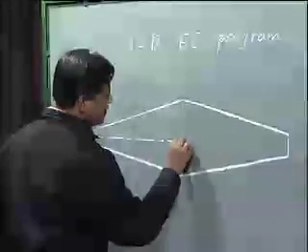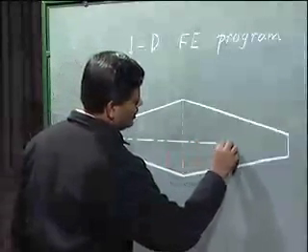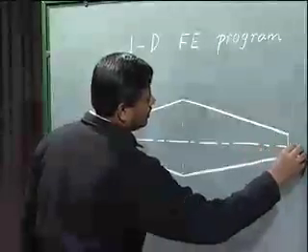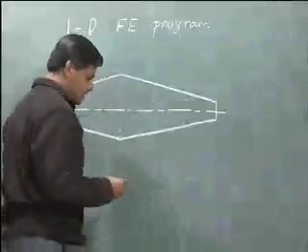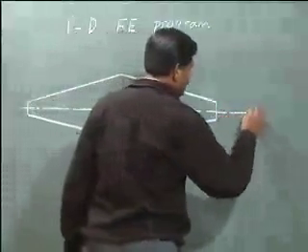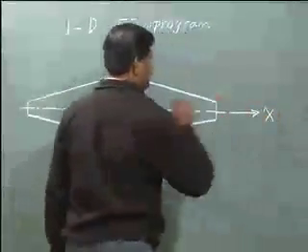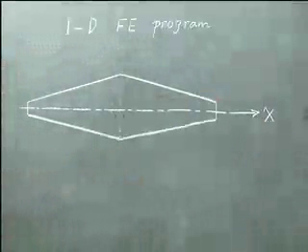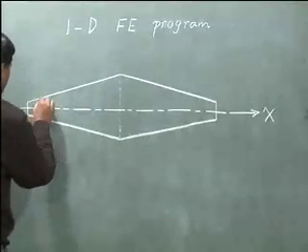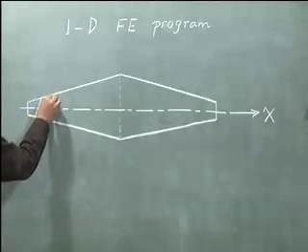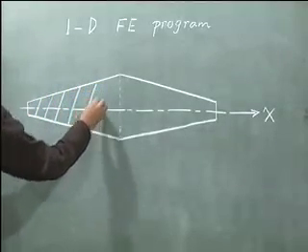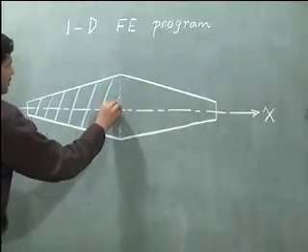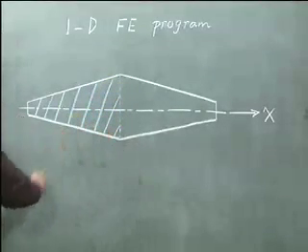So this is our member, with this line being the line of symmetry, or we will call it the x-axis. In this member I can have a material in this region and some other material in this region.